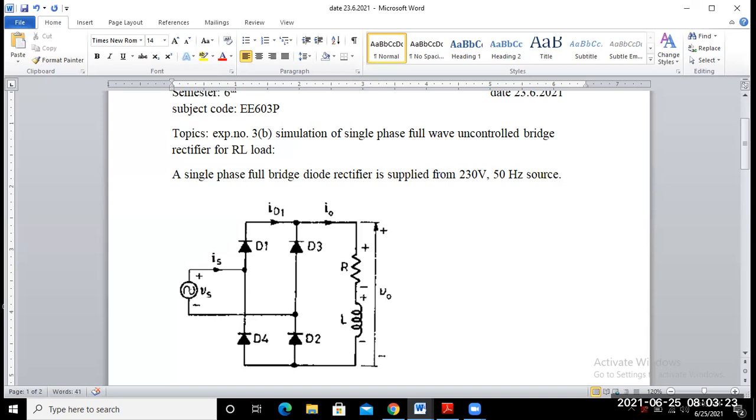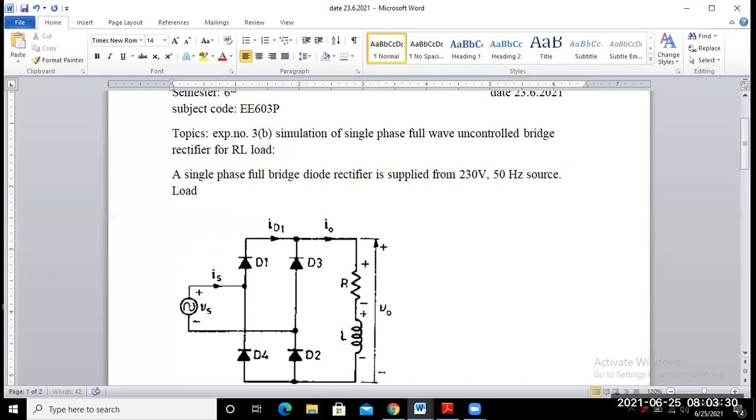The load consists of resistance and inductance. The resistance value is equal to 10 ohm, and a large inductance so that the load current becomes a constant value.